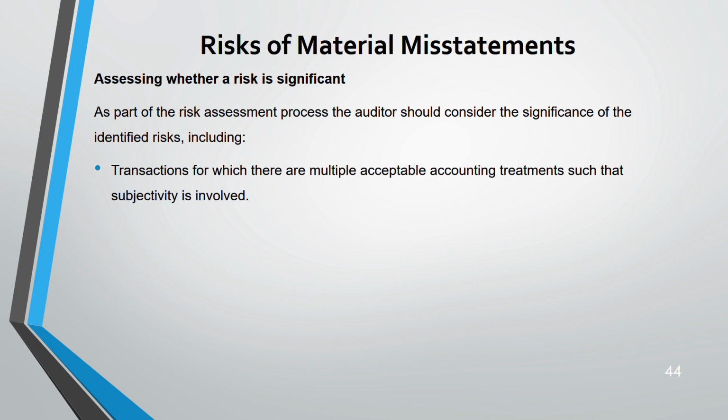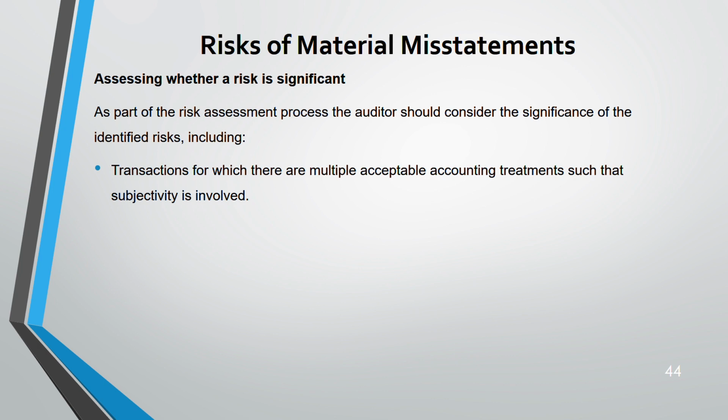These are the factors. Number one, look at the transaction. If there are multiple acceptable accounting treatments, such that subjectivity is involved, the risk will be significant here. Why? Because if something only has one acceptable accounting treatment, everyone will go by that one treatment.